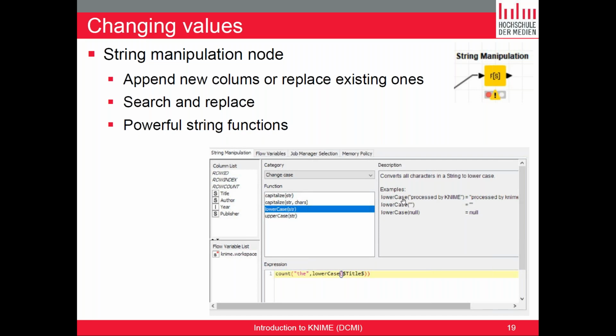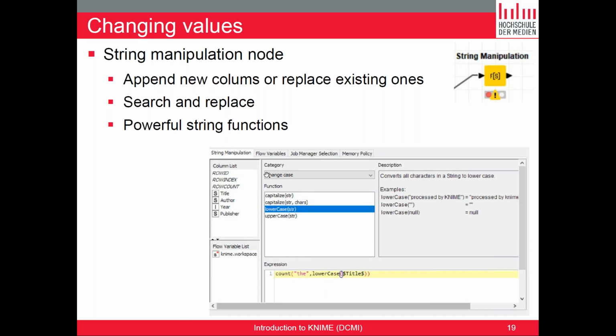What would happen if a lowercase processed by KNIME? It would become processed by KNIME all in lowercase. What happens if I lowercase an empty string? It stays empty. What happens if I lowercase a null string? It stays null. And in the window below, you have to create the expression here, for example, combining lowercase title and counting the numbers of the in the title.